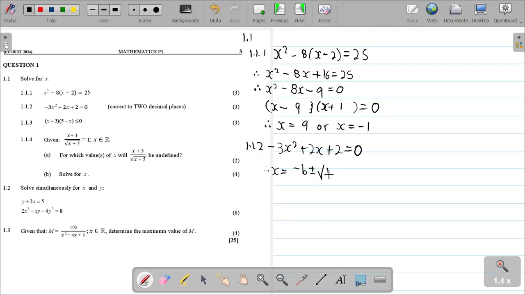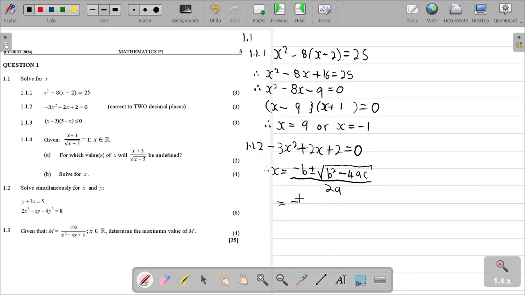So negative b plus or minus the square root of b squared minus 4ac, okay, divided by 2a. So we substitute here. So we have our b is positive 2 here.